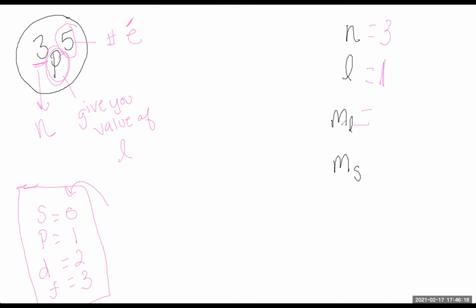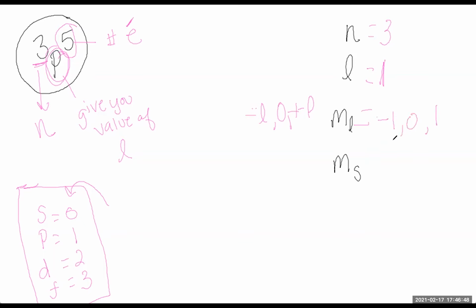So we have M of L. Now our L is 1, but our M of L is going to be your range. So meaning it's going to be between negative L to positive L. So here we have a positive 1, or just a 1. So that means that our range is going to be between negative 1 and 1. So it's going to be negative 1, 0, and 1.